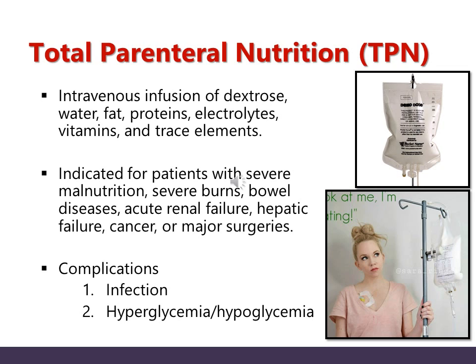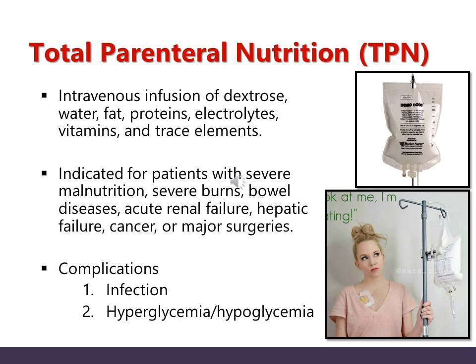I want you to see the photo. It is just like an ordinary intravenous line inserted to the patient, but it contains nutrition. It contains dextrose, water, fats, proteins, electrolytes, vitamins, and trace elements which are needed in order to maintain the nutritional status of your patients.